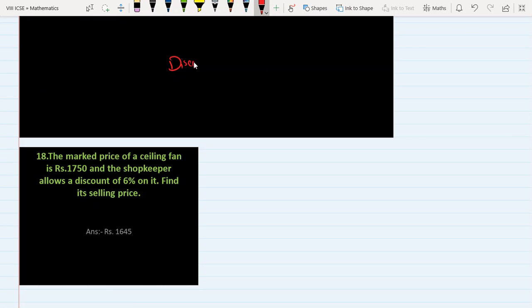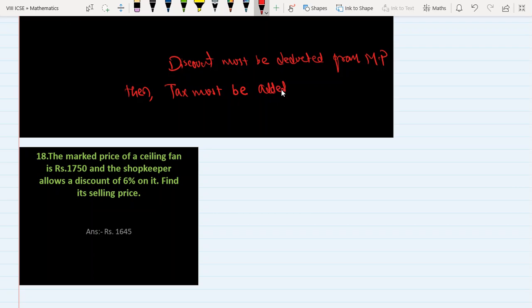Discount must be deducted from marked price, and I will tell you what a marked price is. And tax must be added to the selling price.